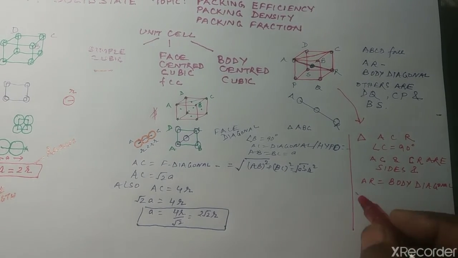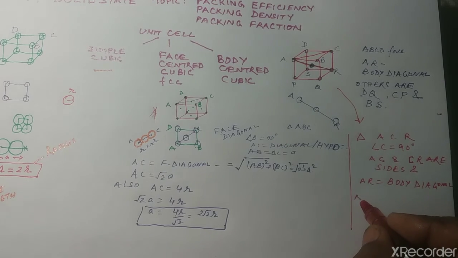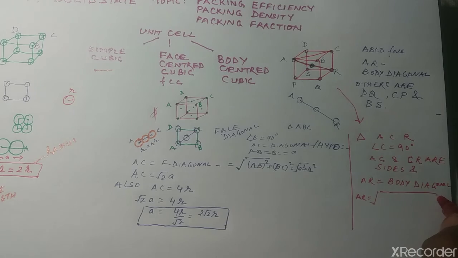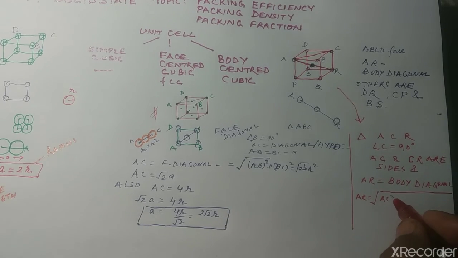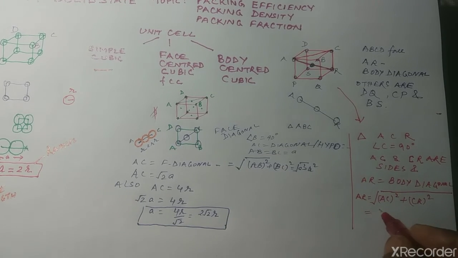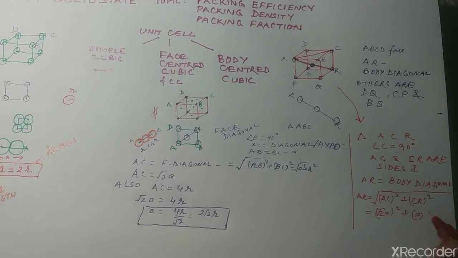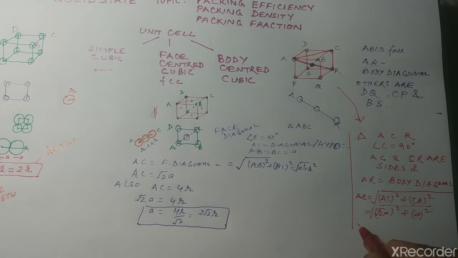Body diagonal again by Pythagoras: AR is equal to the square root of AC square plus CR square, which is root 2A square plus A square, square root. Then AR is equal to root 3A.